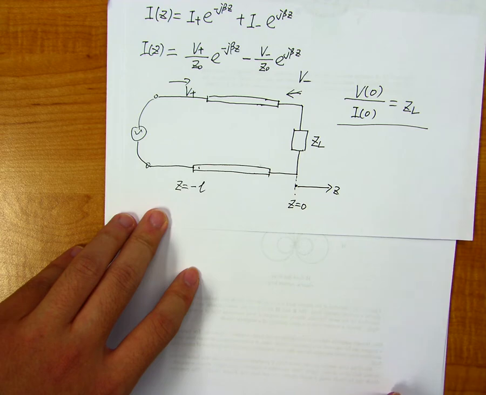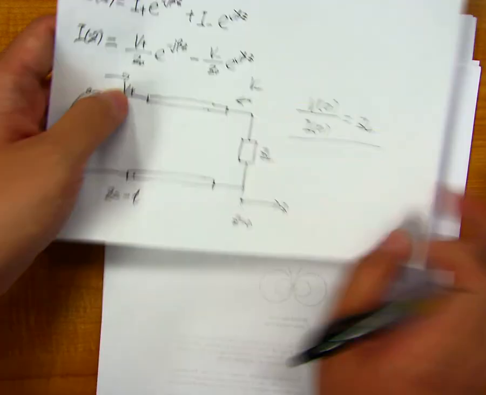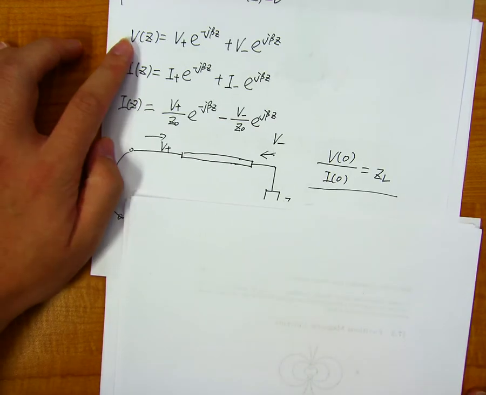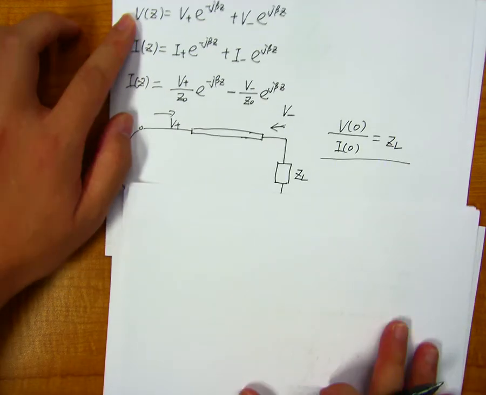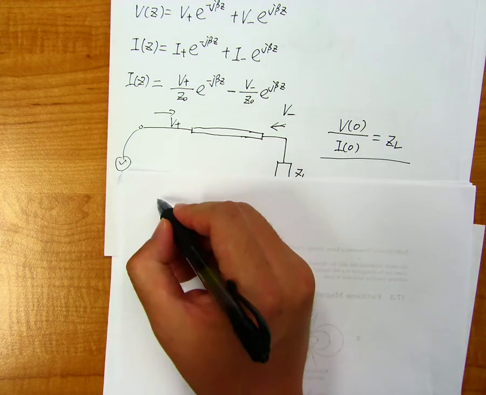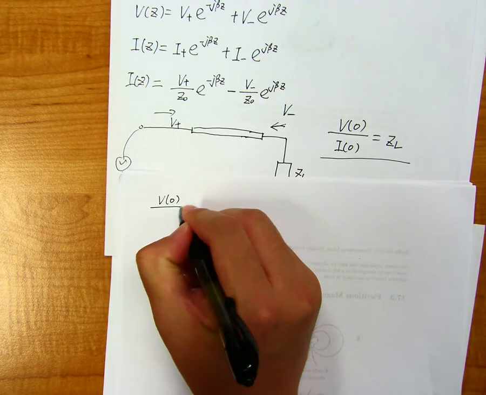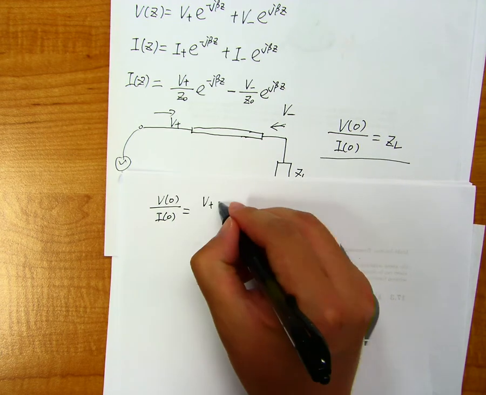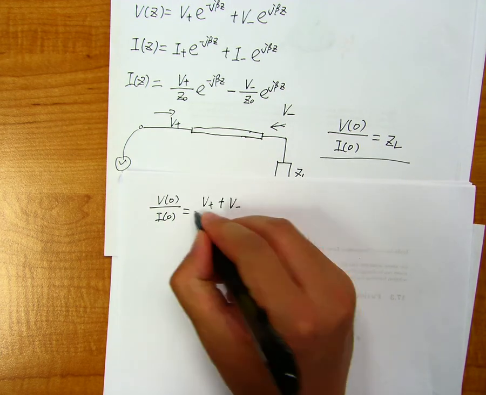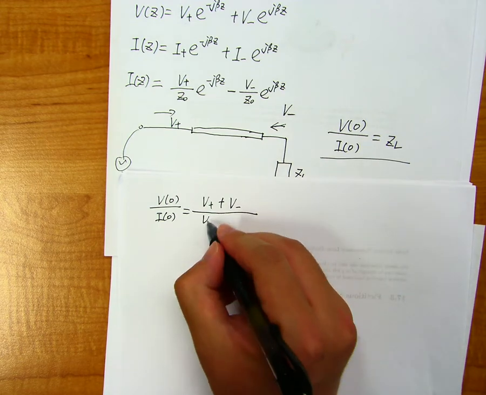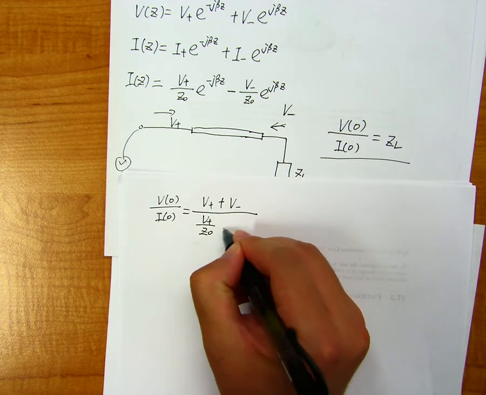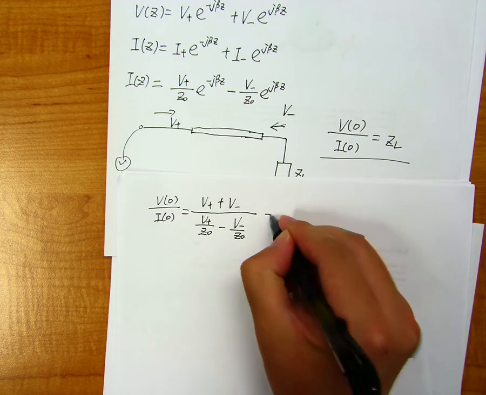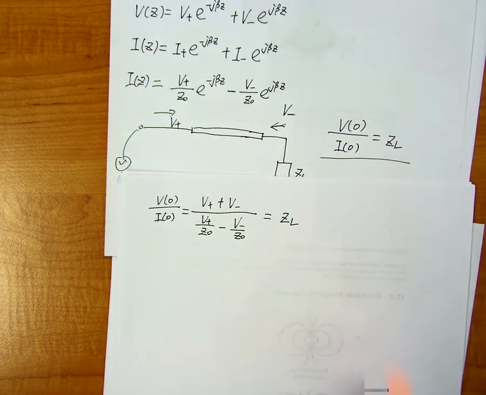So as I have said, because of this new condition, we have the general solution for V here. That means V0 over I0 is equal to V plus plus V minus, divided by V plus over Z0 minus V minus over Z0, and this must be equal to ZL, right?